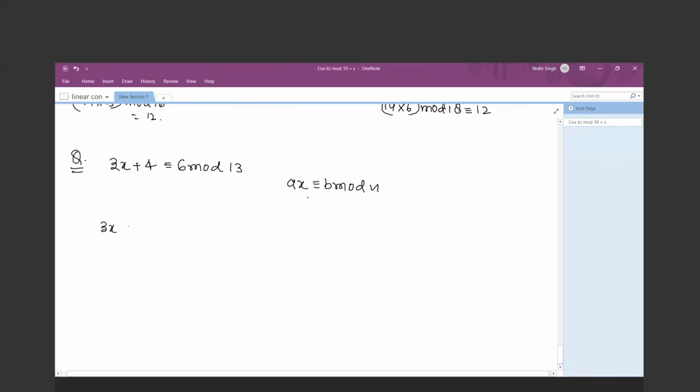That is minus 4 over there and it will be 6 minus 4 and mod 13. Now the equation is 3x congruent to 2 mod 13. Now this is the value of A, this is the value of B, and this is the value of N. Find out how many solutions are possible and what is the value of that solution. And tell me.